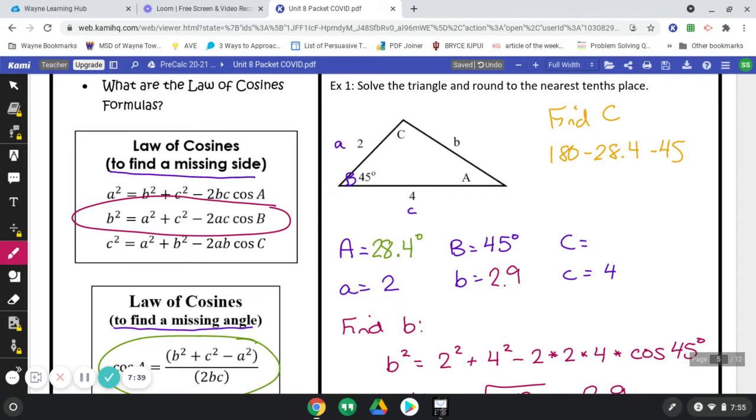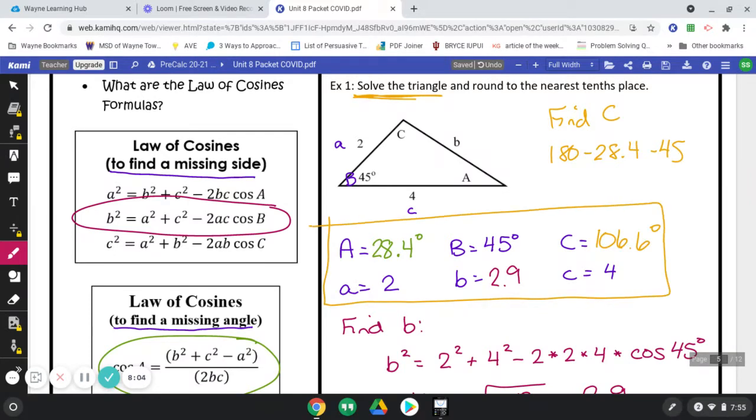I'm getting 106.6. All right. So again, solve the triangle means you got to find everything, every single answer.